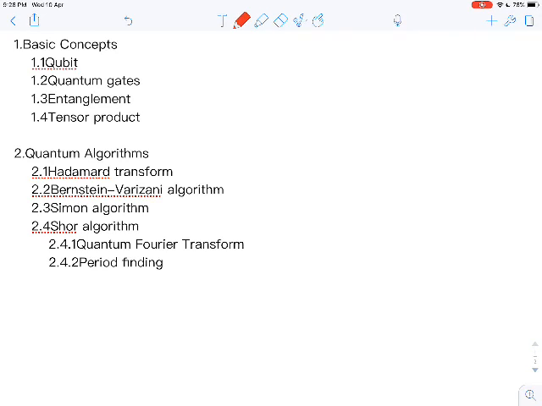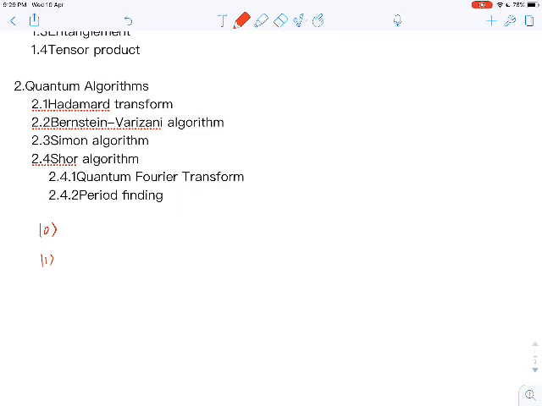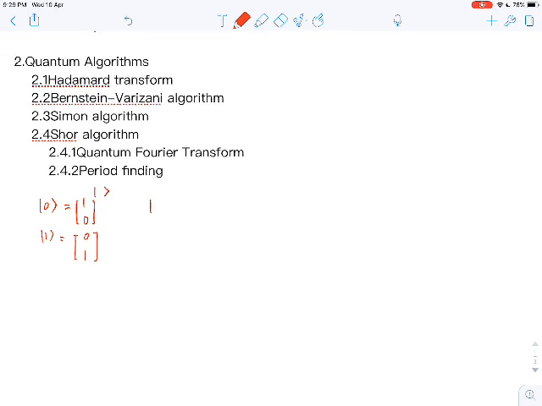Qubit is like a bit in a traditional computer, and it has 0 qubit and 1 qubit, and this form is a vector notation in physics, and 0 bit is (1, 0), 1 bit is (0, 1), and if I write a new qubit in this form, it can be written as like this.